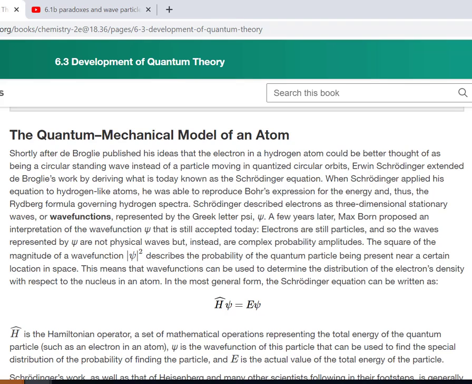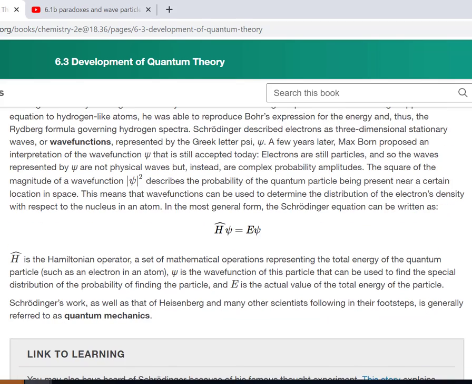Again, we can't know both the position and the momentum of the electron, so we can't think of it like a planet going around the sun. It doesn't have that kind of predictability to it. All we can talk about is where is it likely to be, and we can draw pictures showing shapes of where it's likely to be based on some complicated math.